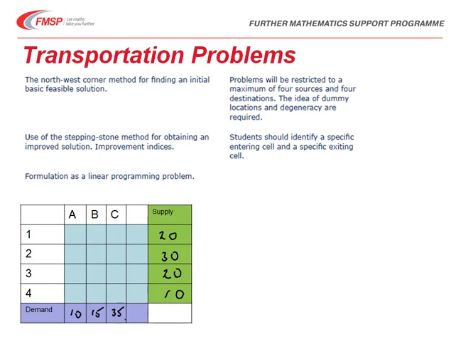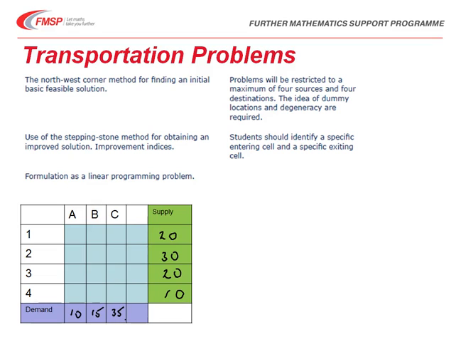The form of the information we're given will look something like the table below, where we have 4 supplies or sources, 1, 2, 3 and 4, and in this case 3 demands, A, B and C. The actual values of the possible supply from each of the sources is across at the right hand column, so the 20, 30, 20 and 10, and the demands that we're trying to satisfy for each of the destinations in the final row.